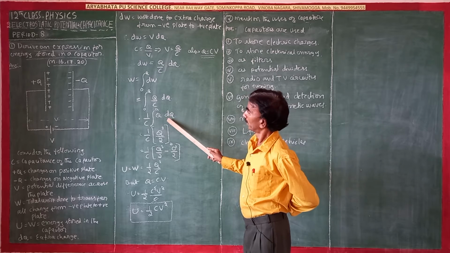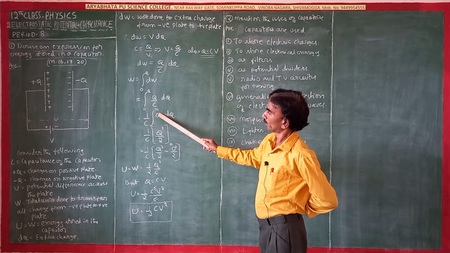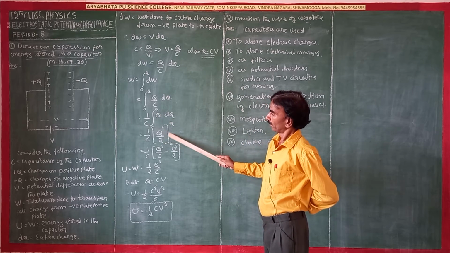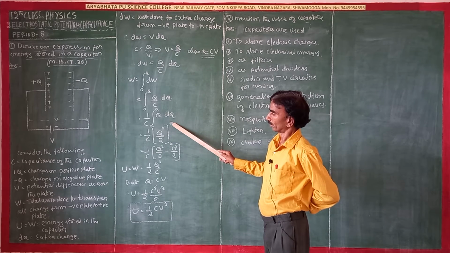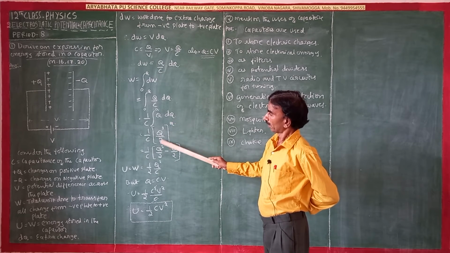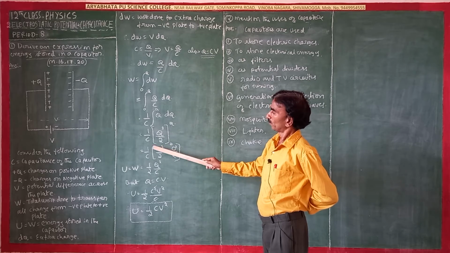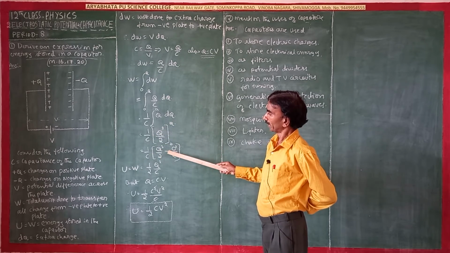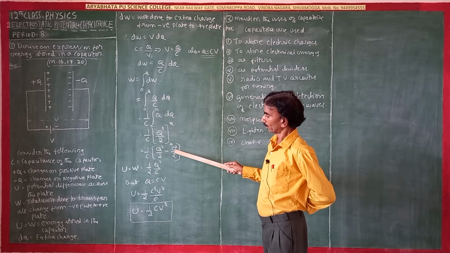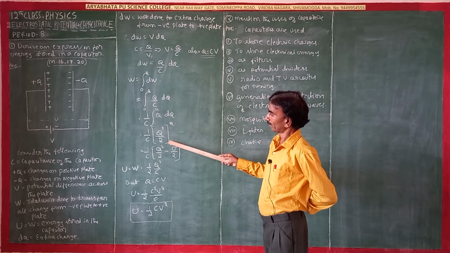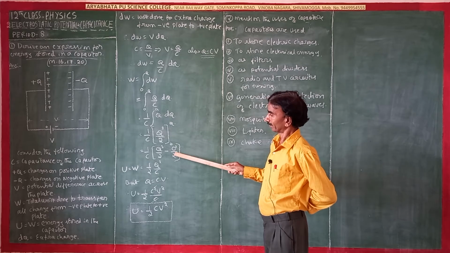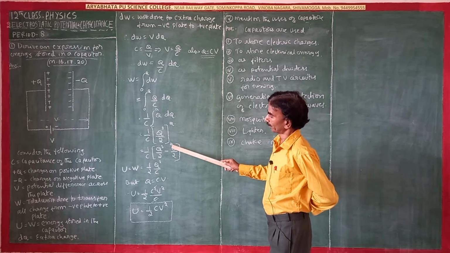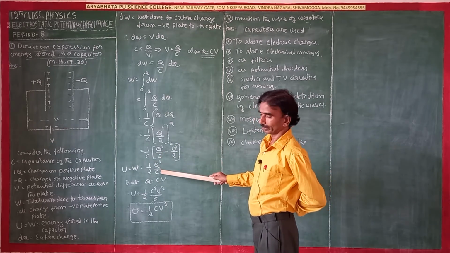The integration of Q is Q square by 2, with limits 0 to Q. So apply upper limit minus lower limit. 1 by C is common. First Q square by 2 minus 0 square by 2. First is the upper limit and next one is the lower limit. So this becomes 0, and we get 1 by C into Q square by 2.